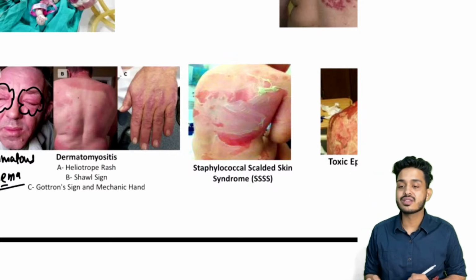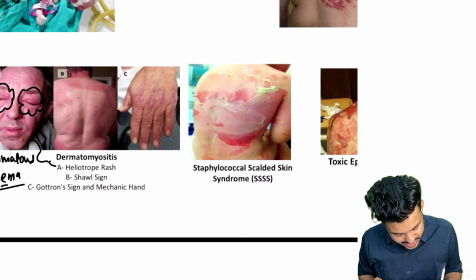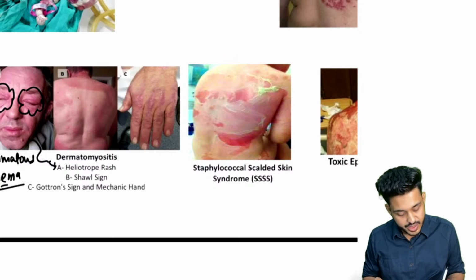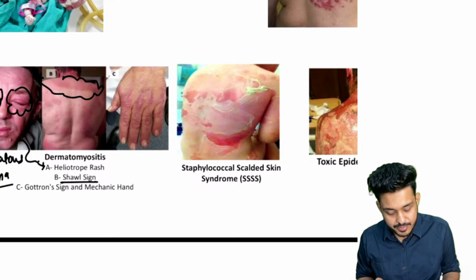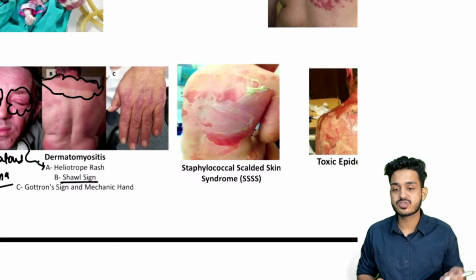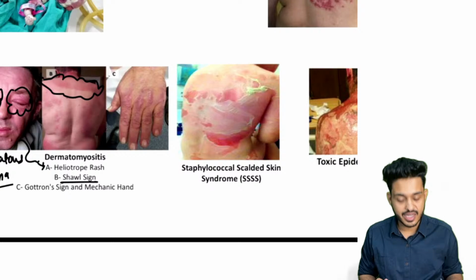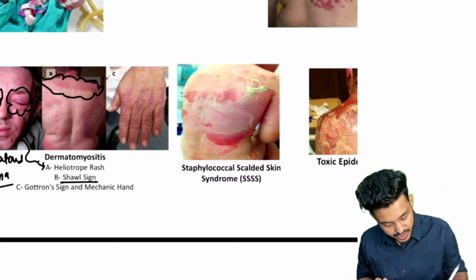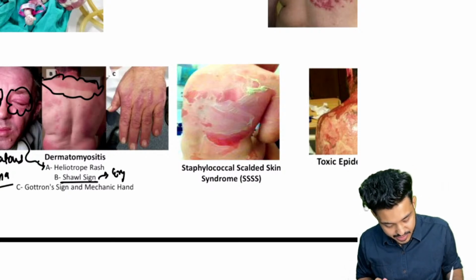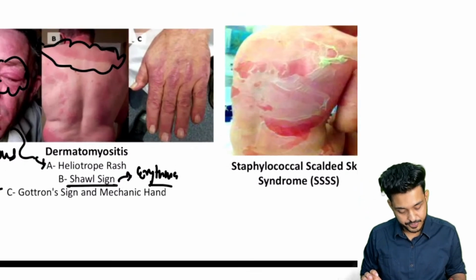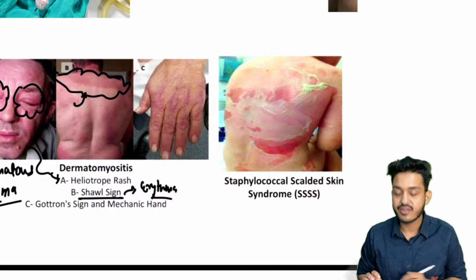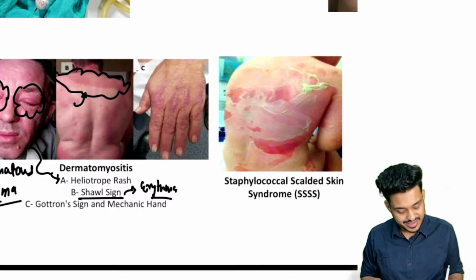That is known as heliotrope rash. We also have shawl sign, the place where we pull over the shawl, where we have erythema, so it is known as erythematous lesions over the area where we pull over the shawl. That is the shawl sign.